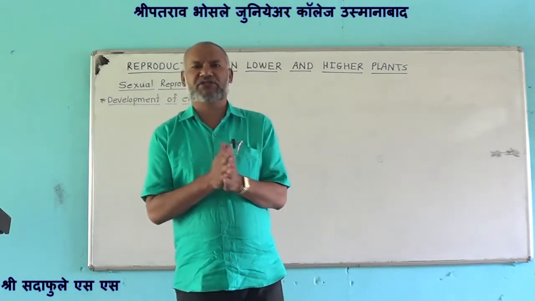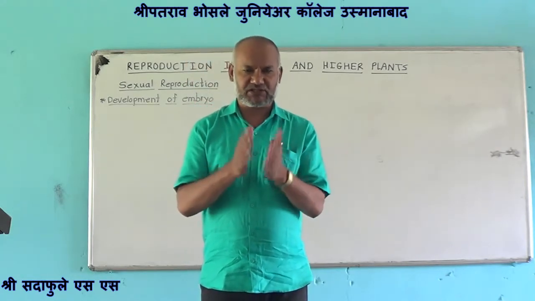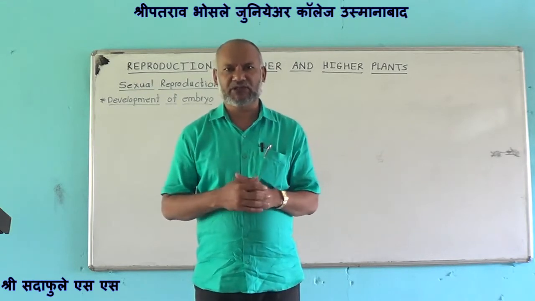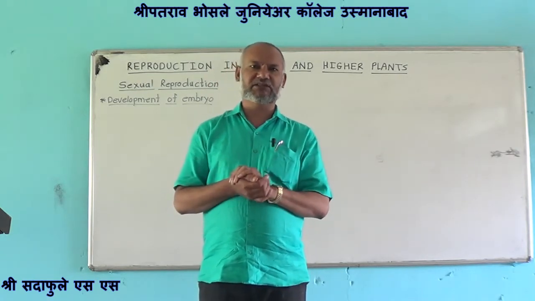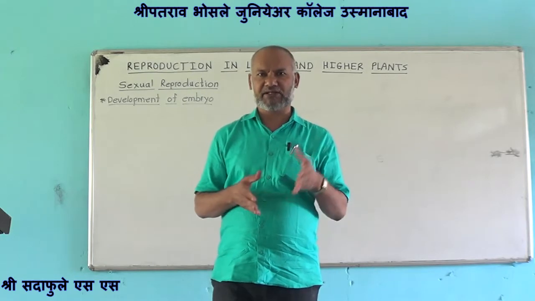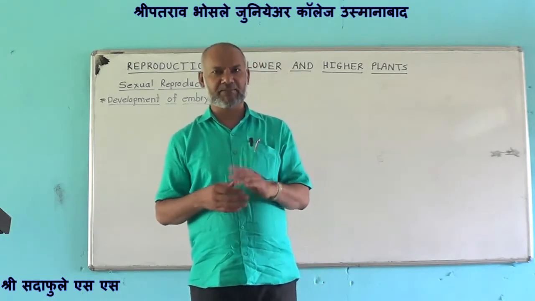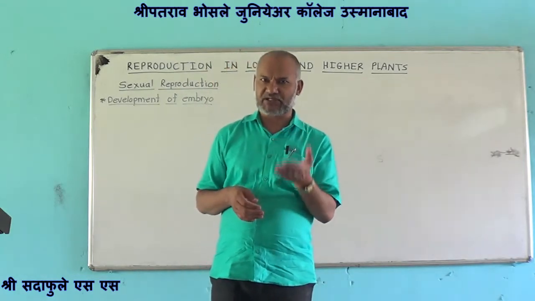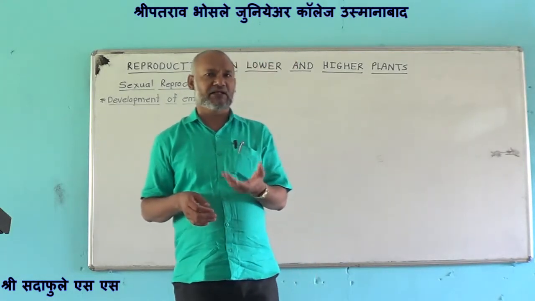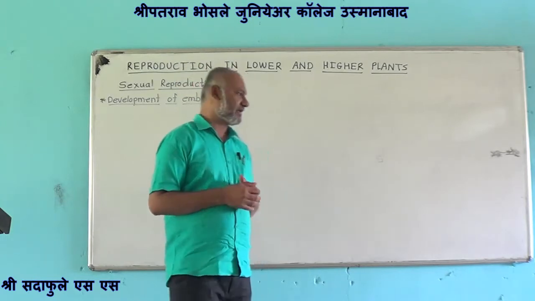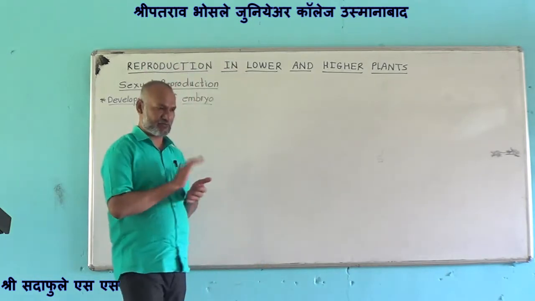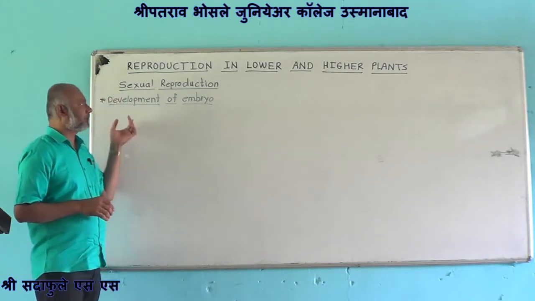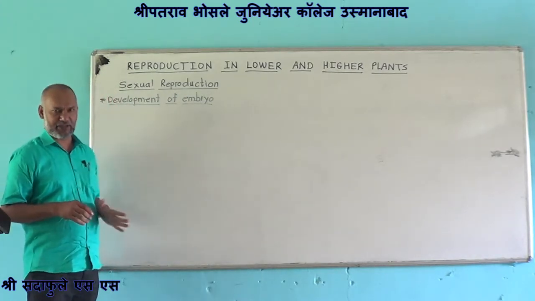In sexual reproduction, we have studied the structure of a typical flower, structure of pollen grain, structure of anther, development of male gametophyte, then pollination, types of pollination, fertilization, and in the last lecture we studied development of endosperm. Now today we have to discuss the development of an embryo.